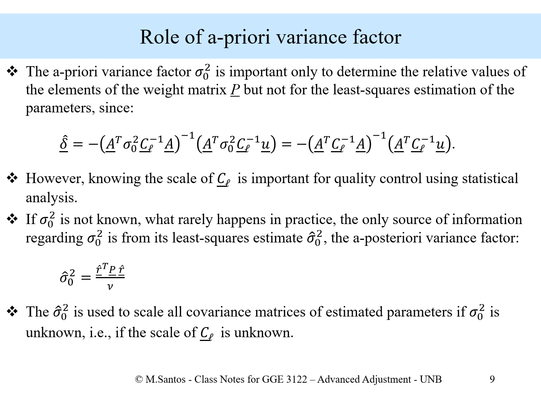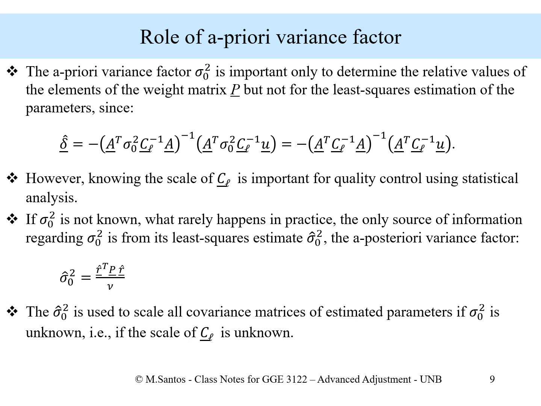If the a priori variance factor is not known, which is something that rarely happens in practice, because in most cases it is treated as equal to 1, the only way to have any information regarding the a priori variance factor is to estimate its least squares counterpart, the a posteriori variance factor, sigma hat naught squared, using the expressions given here.